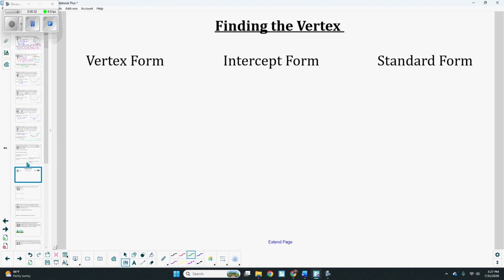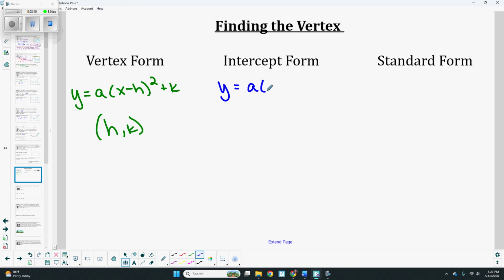So finding the vertex from the different forms. When it's in vertex form, it's just the h comma k. Vertex form was a times x minus h squared plus k. So h comma k is the vertex. In intercept form, which started as x minus p times x minus q, we're going to take those two intercepts, the p and the q, and average them.